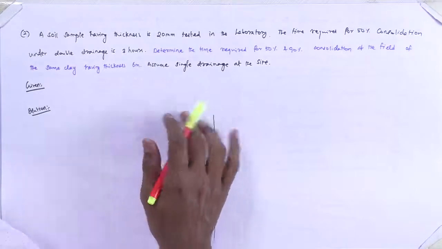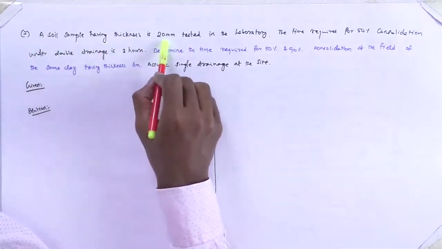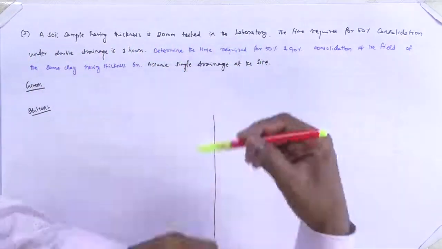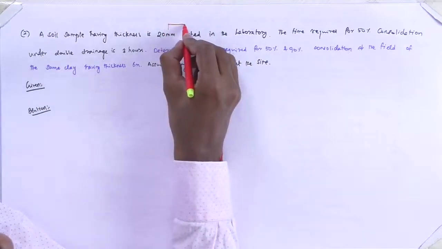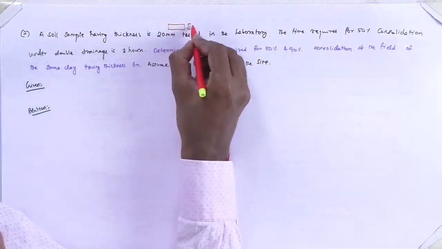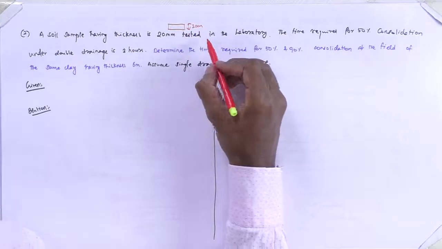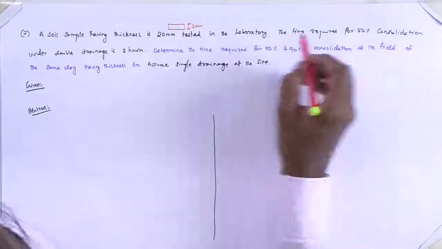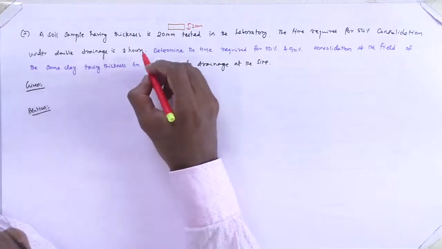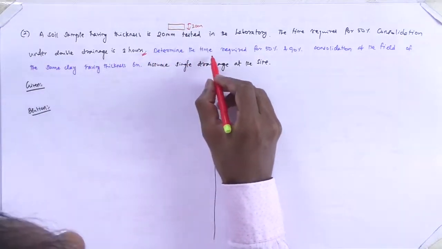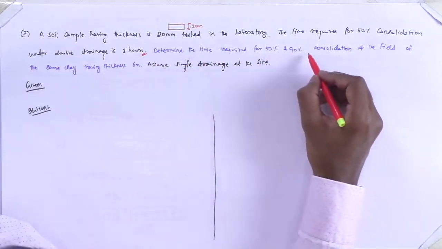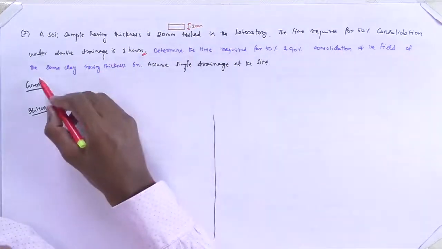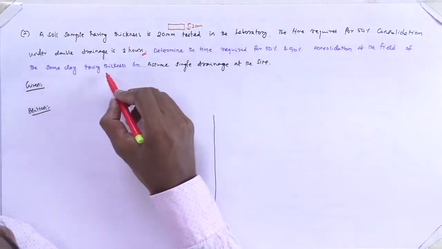A soil sample having a thickness of 20 mm is tested in the laboratory. So it is about 2 cm of sample taken and tested in the laboratory. The time required for 50% of consolidation under double drainage is 3 hours. Determine the time required for 50% and 90% of consolidation at the field of the same clay having thickness 6 meter.